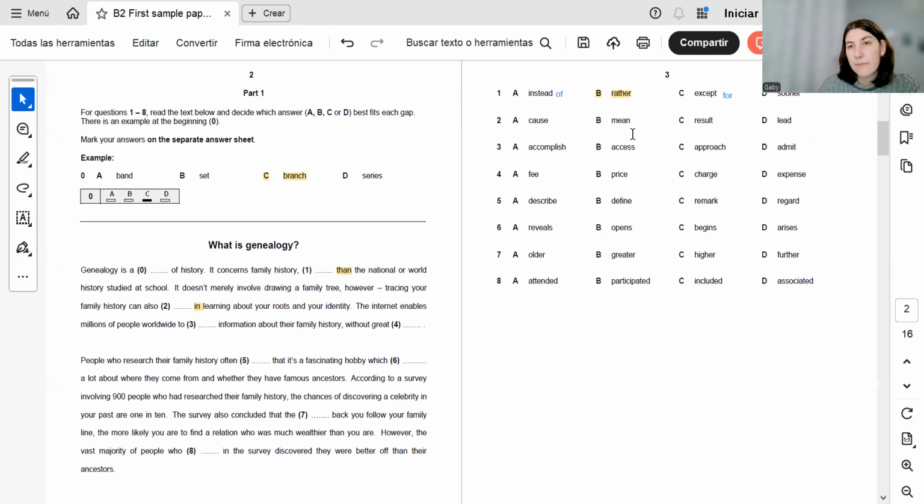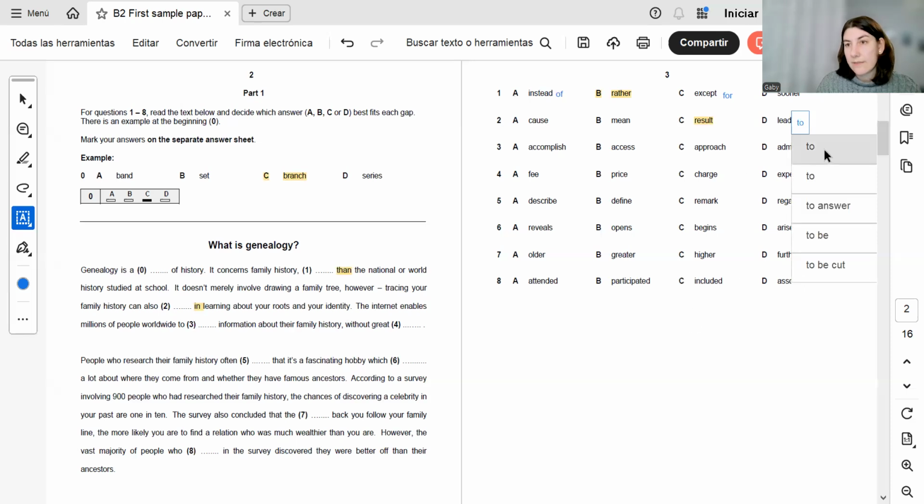Mean something, again, no preposition. Result in, okay, so it could be result in. And lead to. So in this case, the answer again is obvious, result in.